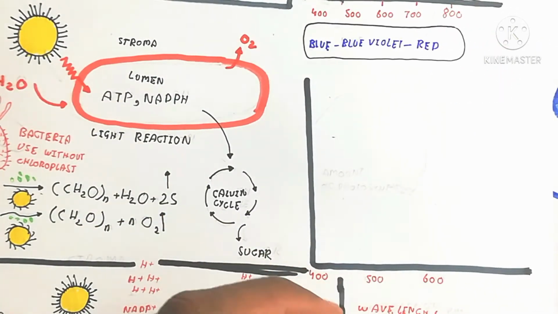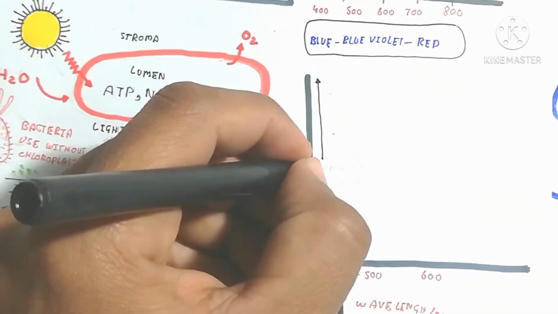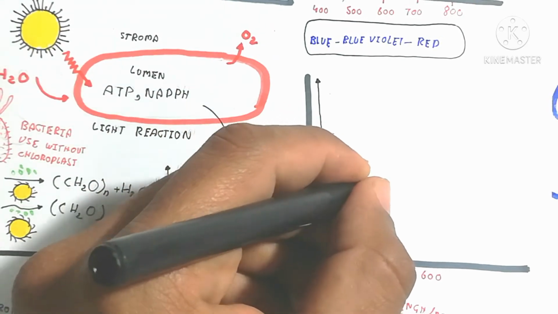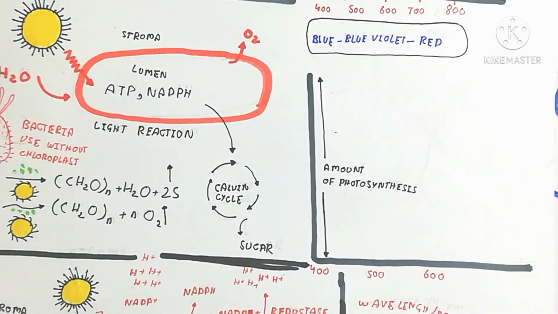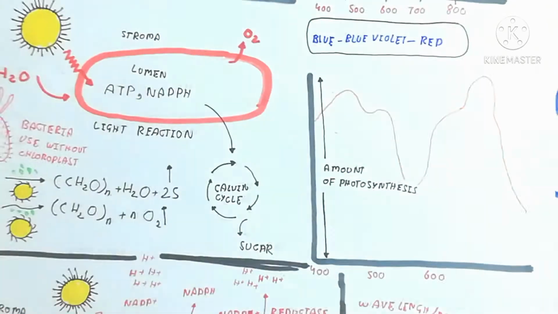Here I am discussing the wavelength of the plant on the downside, and the upper side is photosynthesis.